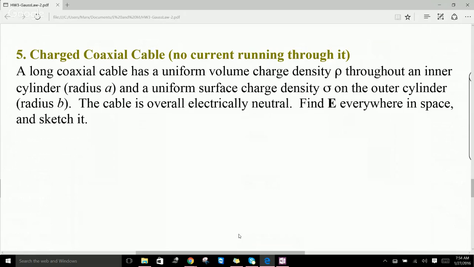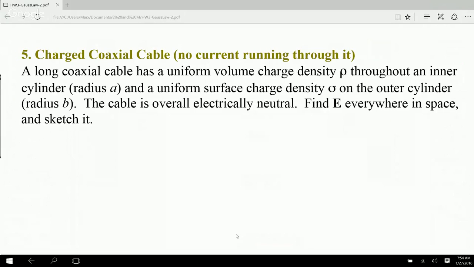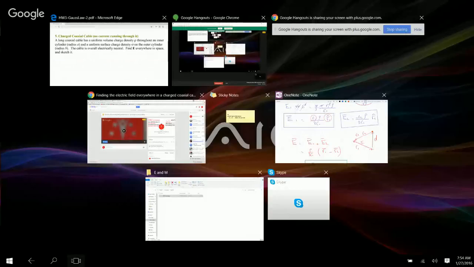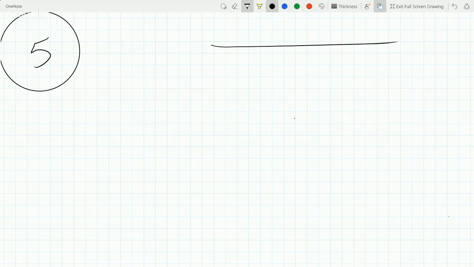Okay, so why don't we begin with a simple sketch of this? Let's go to the pad. We're going to start with a simple sketch of this. So we have two cylinders.